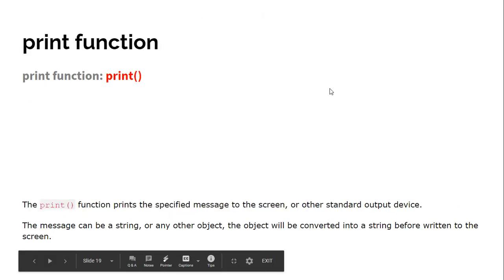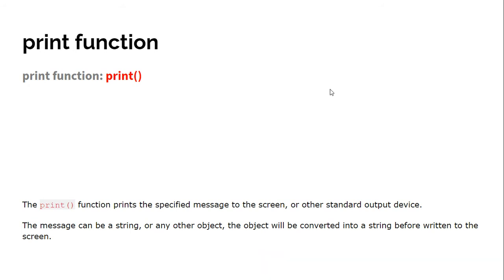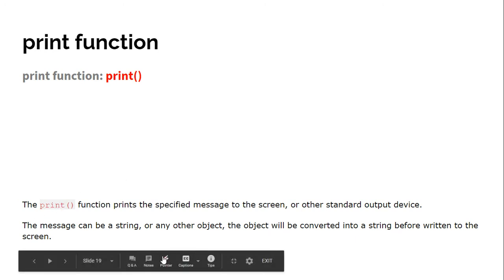Now, I want to explain the print function in more detail. The syntax of the print function is print. What is the importance of the print function? You can read here: the print function prints the specified message to the screen or other standard output devices.